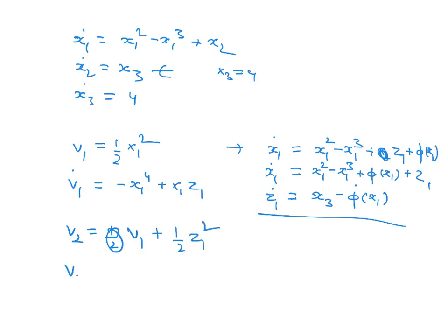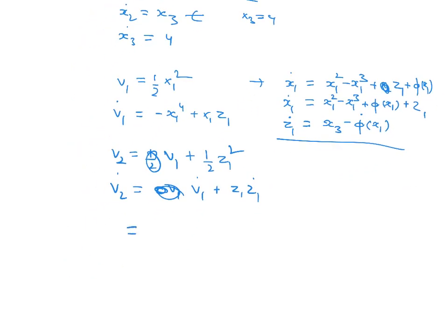And then v2 dot was v1 dot plus z1 dot, that came out to be minus x1^4 plus z1 outside, I can take x1, and then this quantity, right? It is x3 minus phi dot of x1. Okay, now at this point, this is v2 dot.